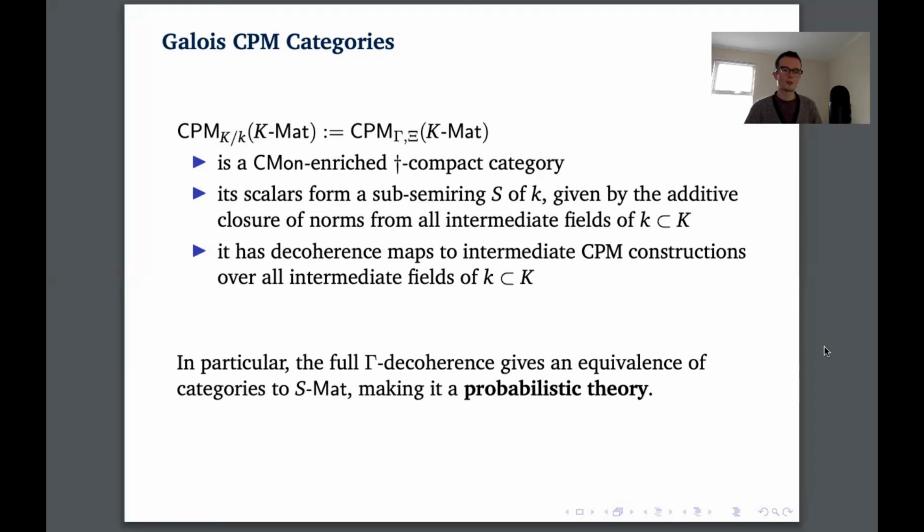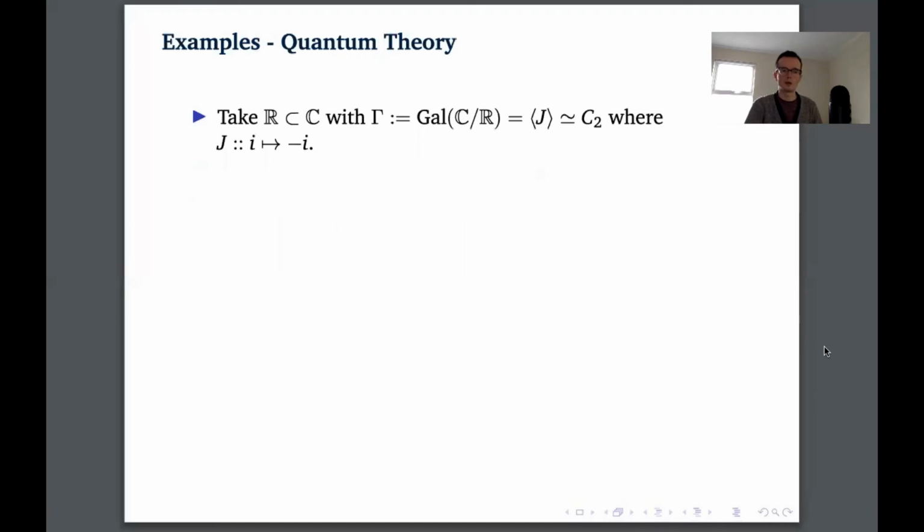Okay, so let's finish up with some examples. Firstly, how do we recover usual quantum theory in the language described here? Well, if we start with the Galois extension of the complex numbers over the reals, this has Galois group generated by complex conjugation, which is isomorphic to C2.